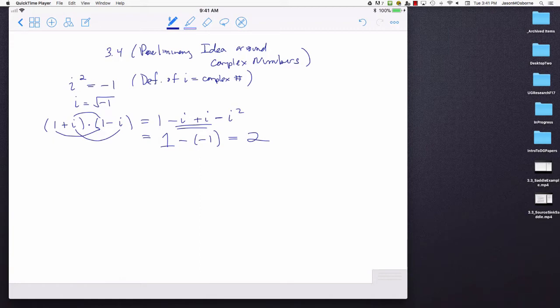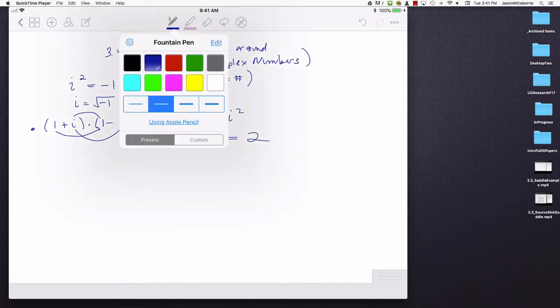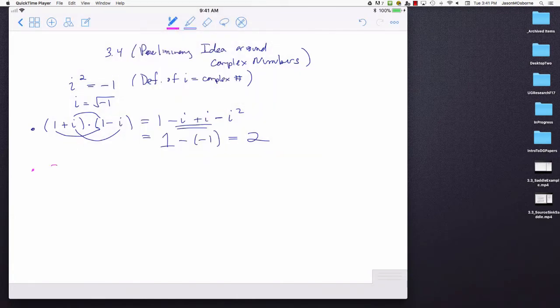So if you also want to say something like, what is 2 plus i plus 4 minus 2i? All right, notice that this is a general complex number. Complex numbers are of the form a plus i times b, okay, where a and b are real numbers.